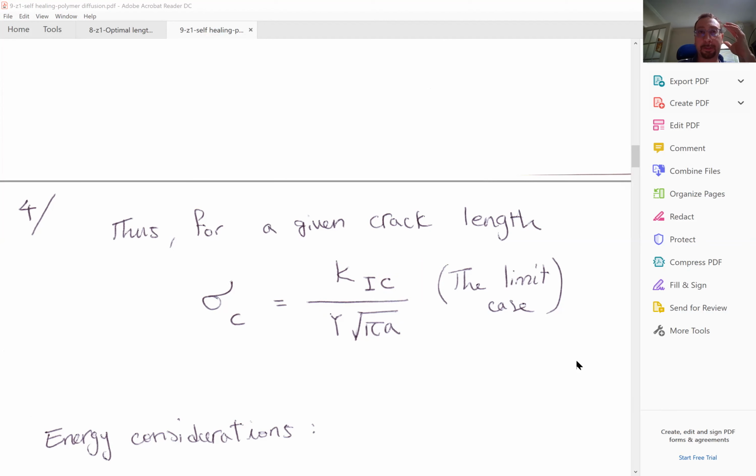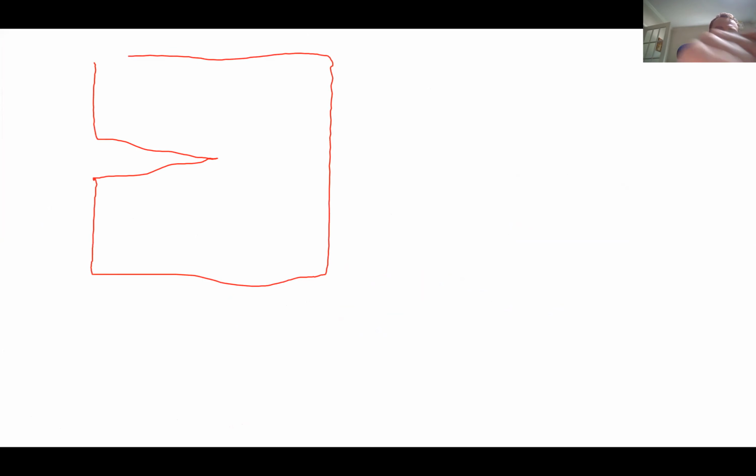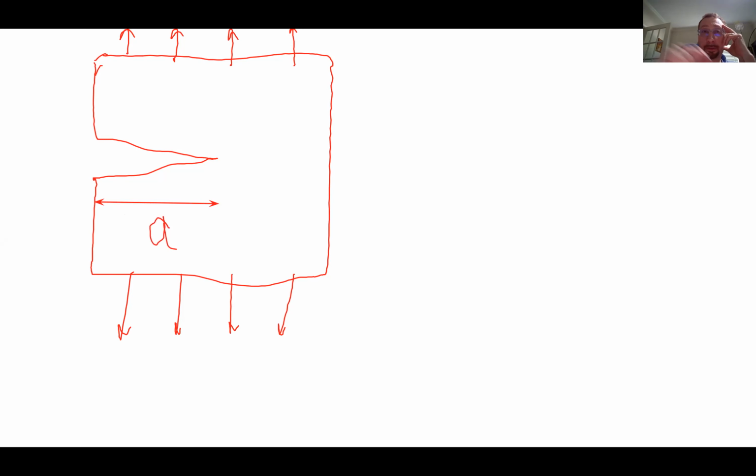Again, we're going to limit the discussion to mode 1. So imagine this is our material, and it's being loaded in mode 1. So basically, in this case, from here to here is nothing but my initial crack length.